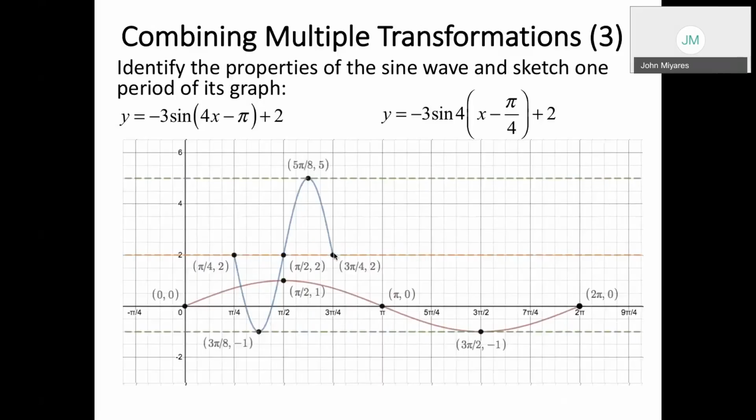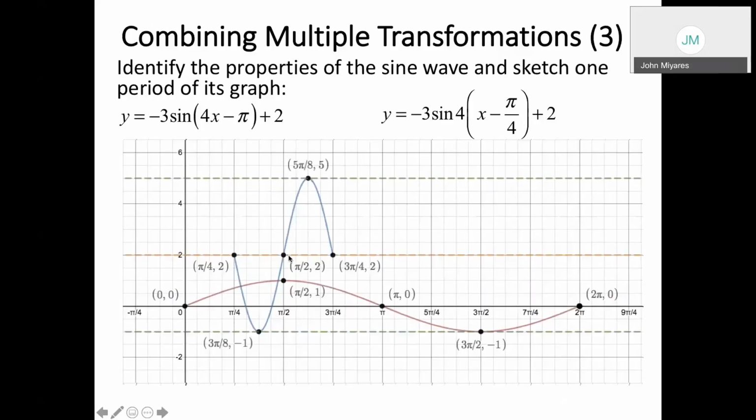The points themselves are picked up from the inherent symmetry in the wave itself. For example, this point right here, where it transitions from down up to up down, is the halfway point between pi over 4 and 3 pi over 4, making it pi over 2. The trough and the peak would have represented 1/4 of the way around the cycle and 3/4 of the way around the cycle.